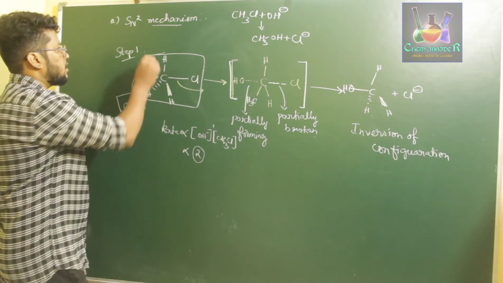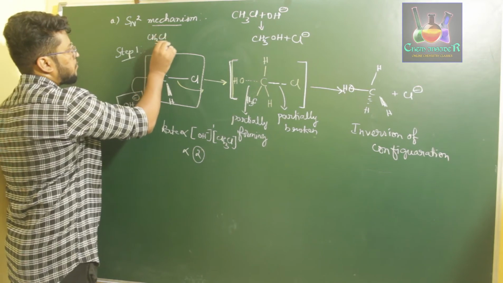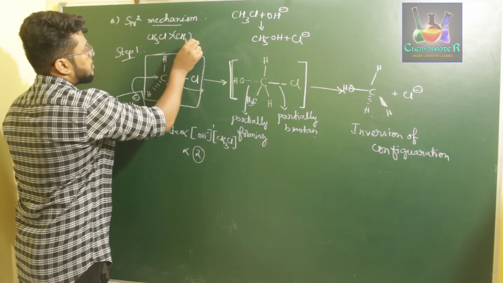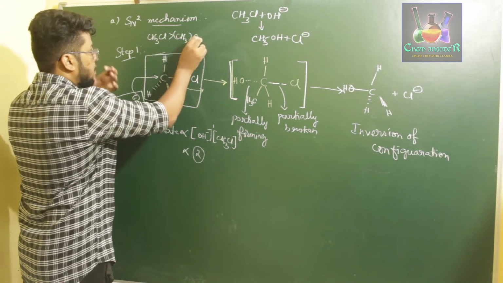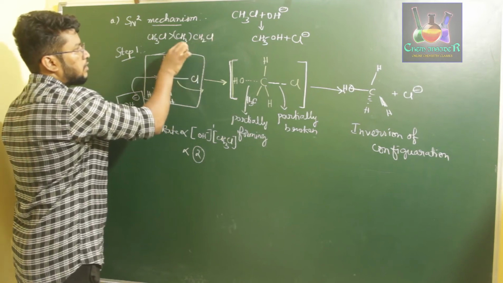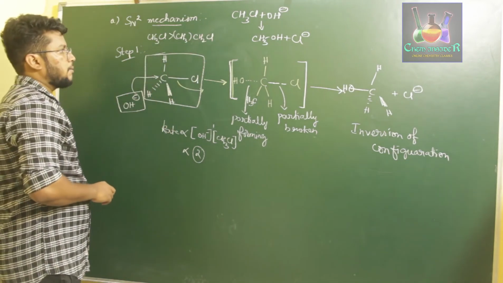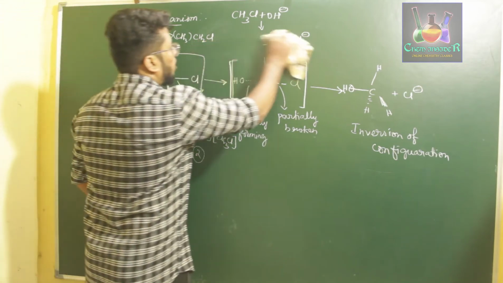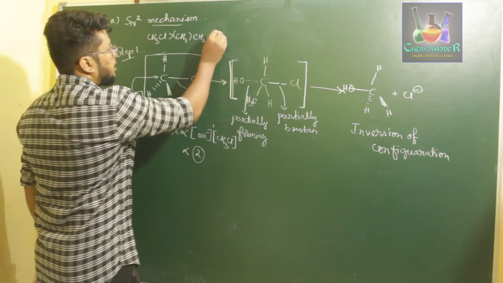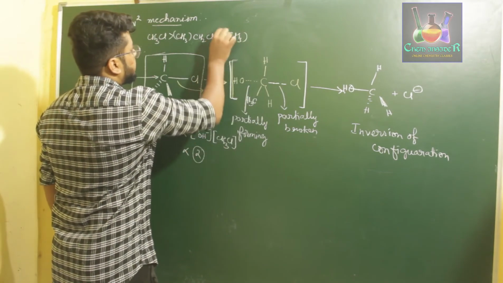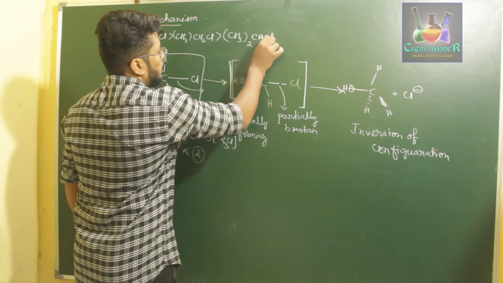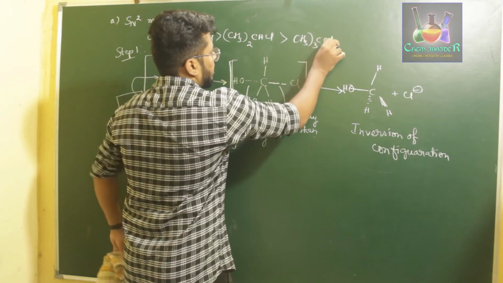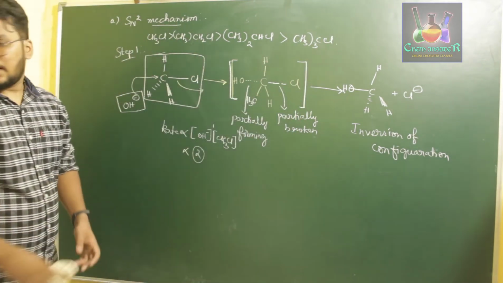So CH3Cl is more reactive than CH3CH2Cl, then (CH3)2CHCl, the secondary alkyl chloride, which is much more reactive than (CH3)3CCl, the tertiary butyl chloride.